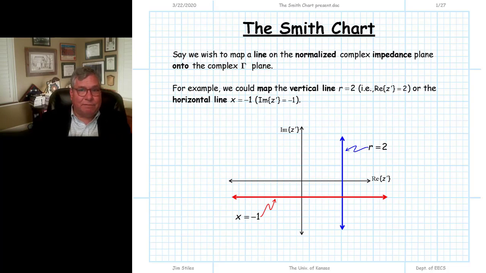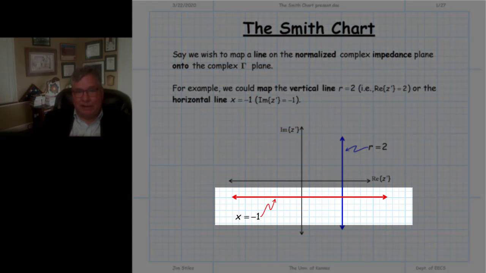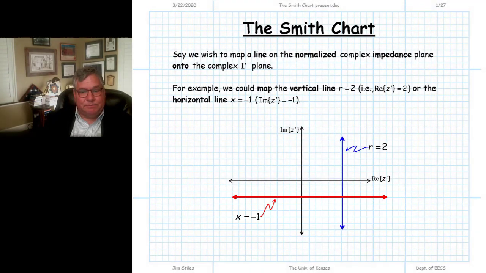Now let's look at a different contour, the x equal to minus 1 contour. Again, this is the locus of all the points, all the impedances, whose imaginary part is equal to minus 1, whose reactive part is equal to minus 1. What is the real part? Well, it could be anything that forms an infinite locus of points.